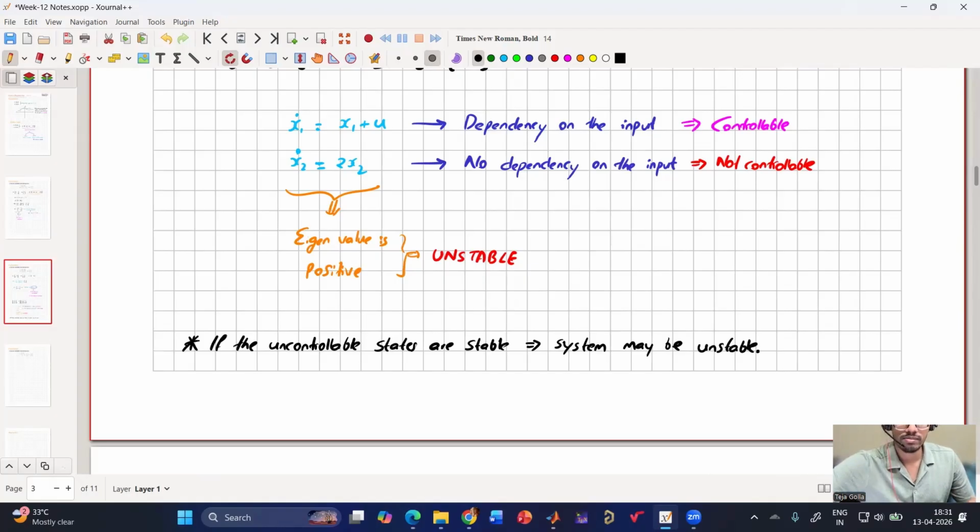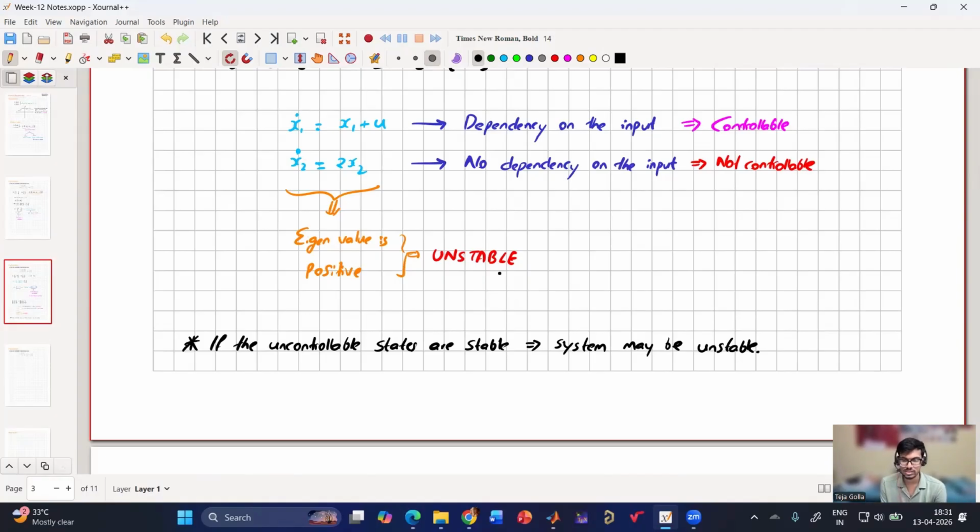If the uncontrollable states are stable, then they will eventually become zero or reach some constant value and be fixed. But if they are unstable, we don't have any control over them, and they are exponentially increasing, so we can't control those states, and in such a case the system will become unstable. So in such cases we have to be very careful how we are going to control them.